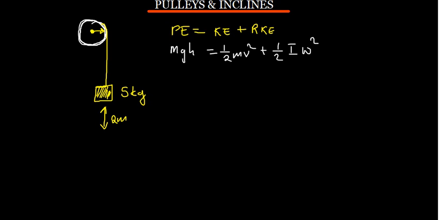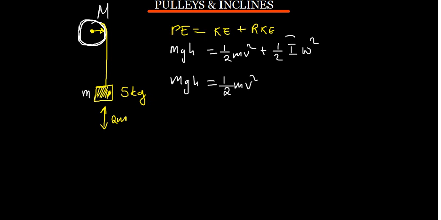So this again gives us mgh. Now let me differentiate these m's: this one has a capital M and this one a small m. The small m represents the mass of the block, and capital M represents the mass of the pulley itself.